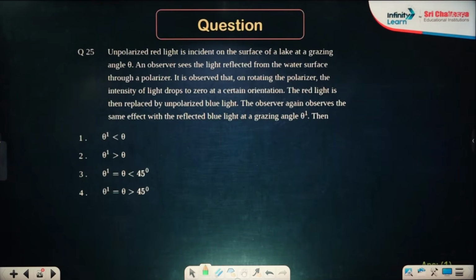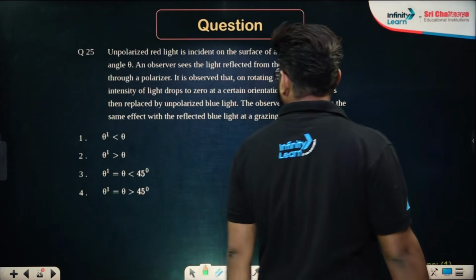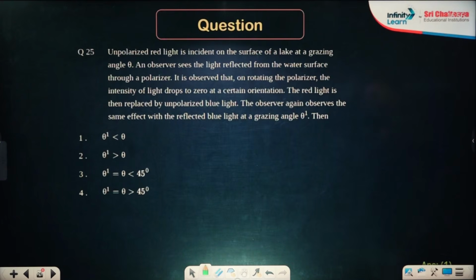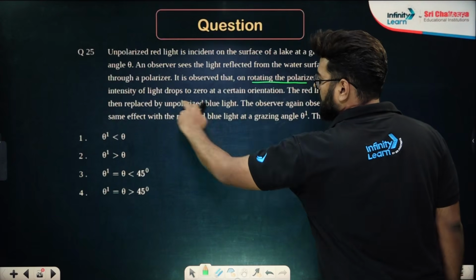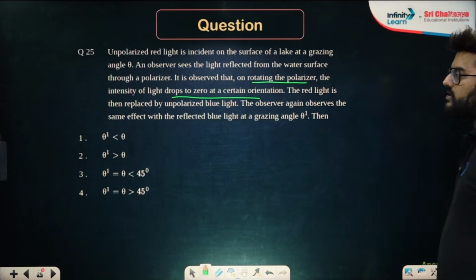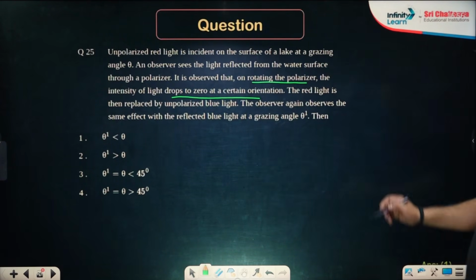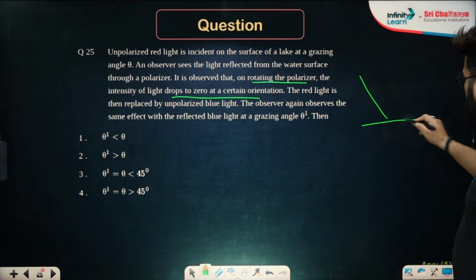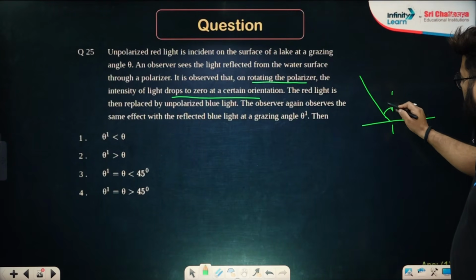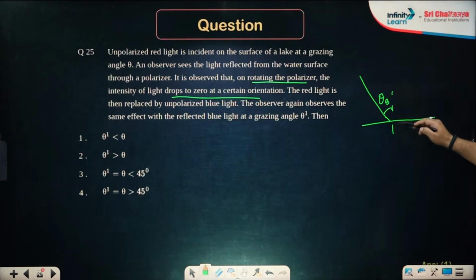Unpolarized red light is incident on the surface of a lake at grazing angle theta. An observer sees the light reflected from the water surface through a polarizer. It is observed that on rotating the polarizer, the intensity of light drops to 0 at a certain orientation. What do you mean by this? This simply means that the light was falling at such an angle which can be considered the Brewster angle, because the reflected light rays are plane polarized.